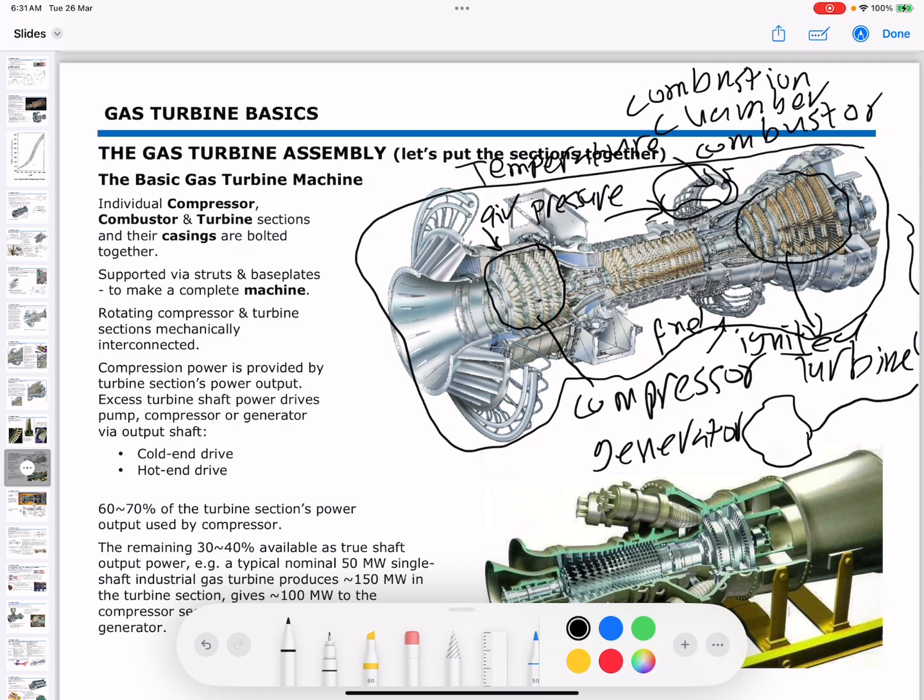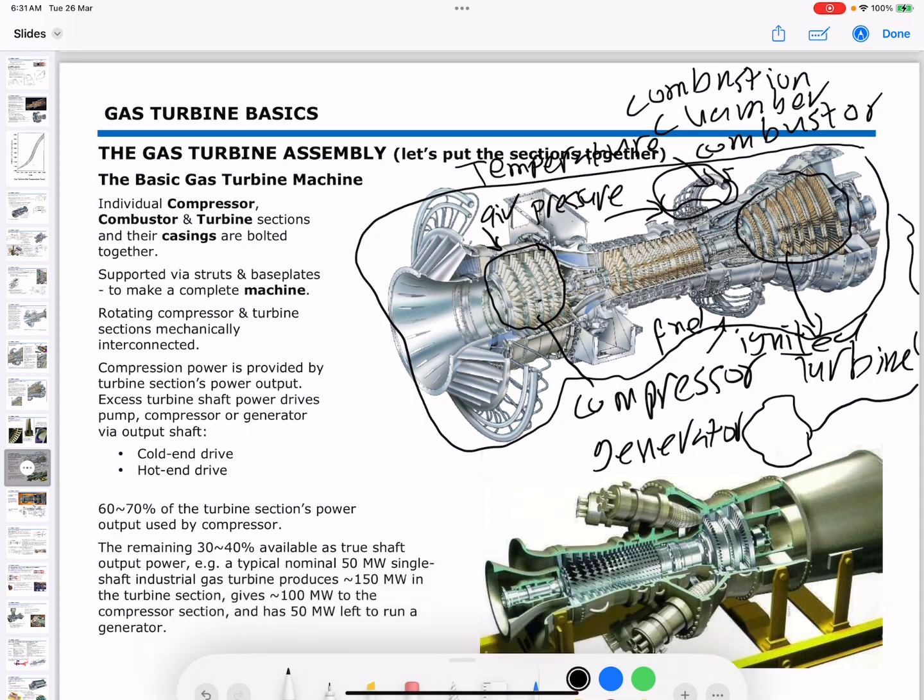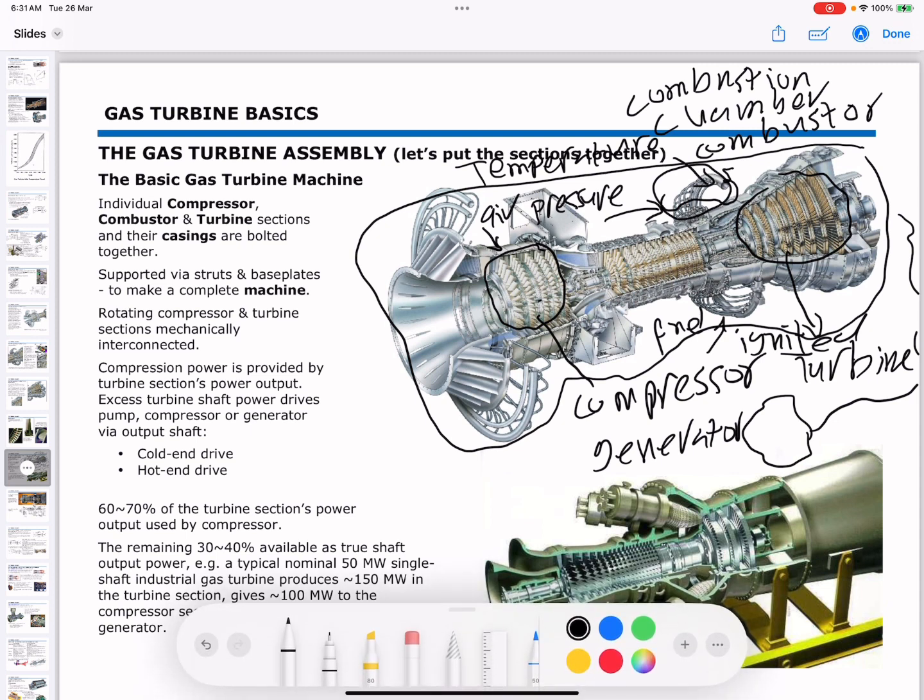Surrounding these components is the casing. Surrounding each component we have a casing designed to provide structural support, facilitate airflow management, and contain the combustion process.